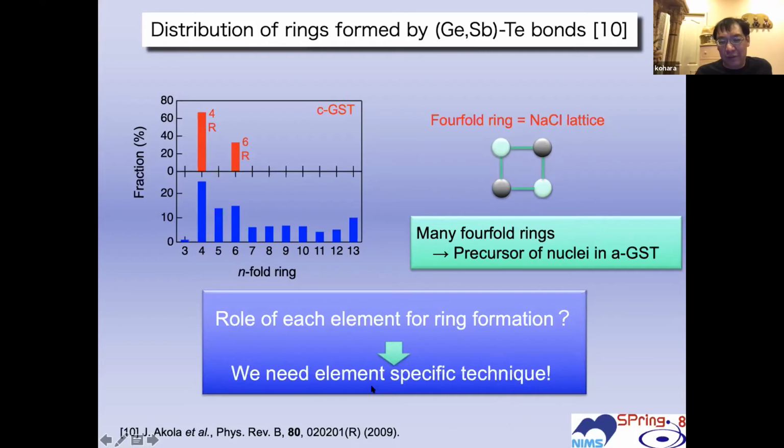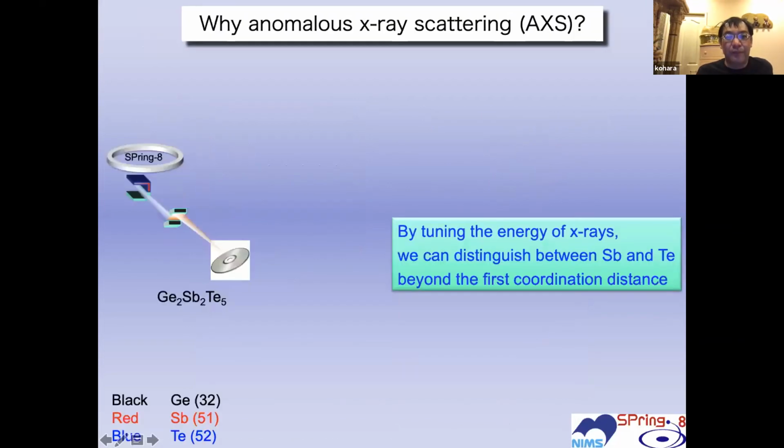Then we need an element-specific technique for diffraction measurement. So we performed anomalous X-ray scattering measurement using synchrotron X-rays. In this measurement, by tuning the energy of X-rays, we can distinguish between antimony and tellurium beyond the first coordination distance.